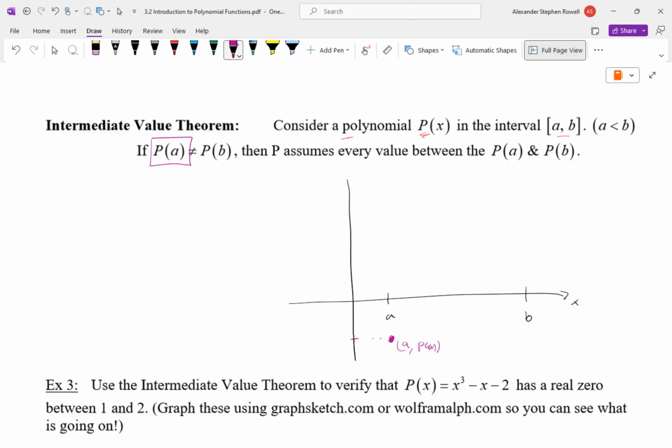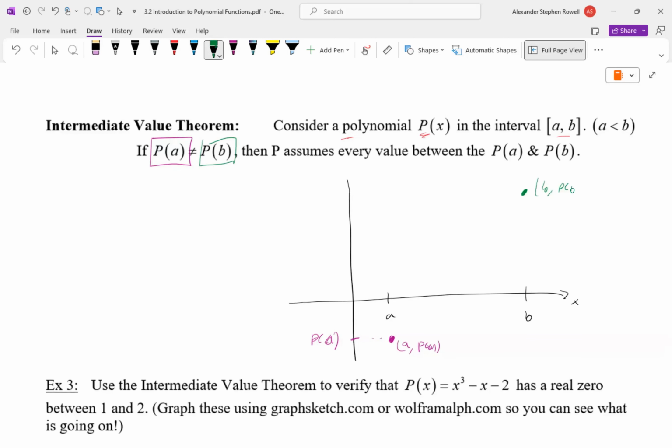That means that my height is p of a. So what does it mean that p of a is not equal to p of b? The y values are not equal. So if I go down here, I know my point's not here. It's any other height. I'm going to pick a height over here.